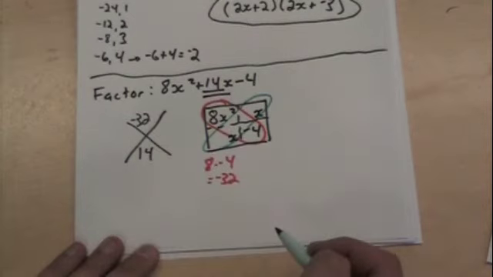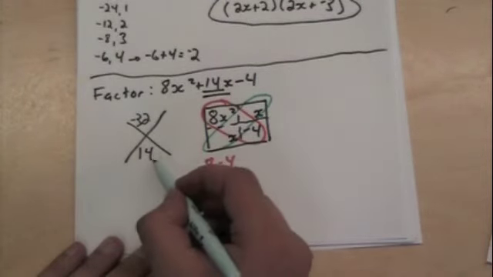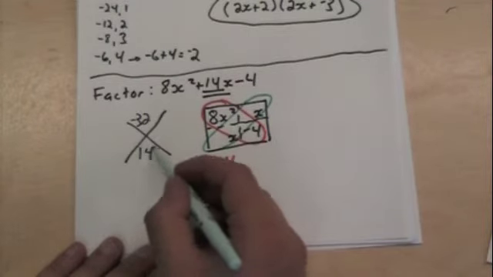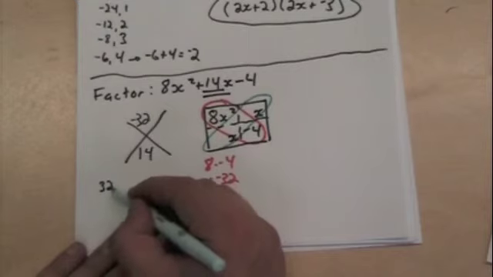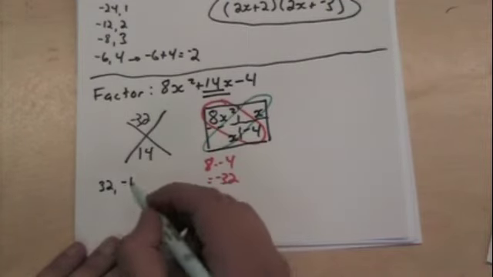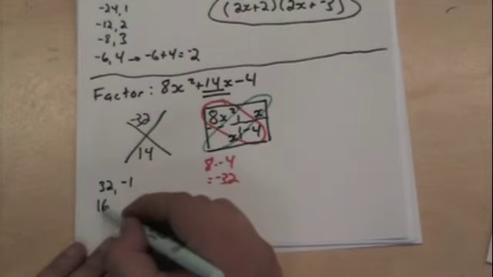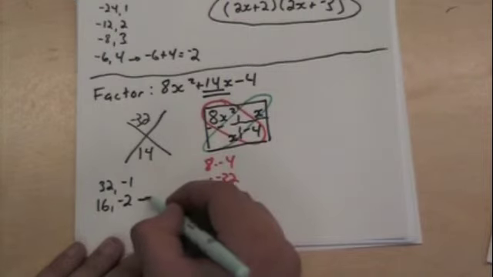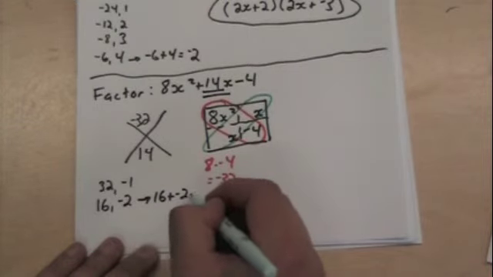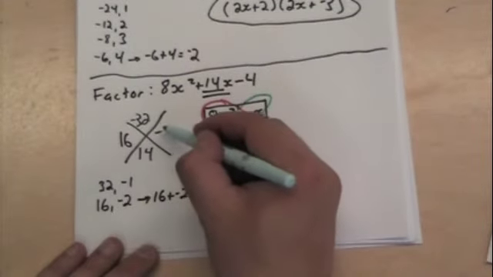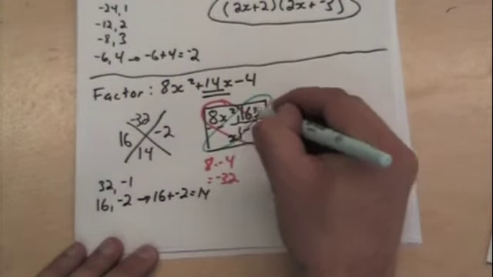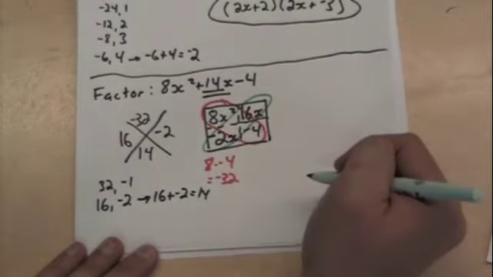So let's start writing our factors of negative 32. This time, I know the larger factor is going to be positive because they have to add to a positive number. So 32 and negative 1, that does not add to 14. 16 and negative 2, that does. 16 plus negative 2 is positive 14. So 16, negative 2. Again, doesn't matter where they go.